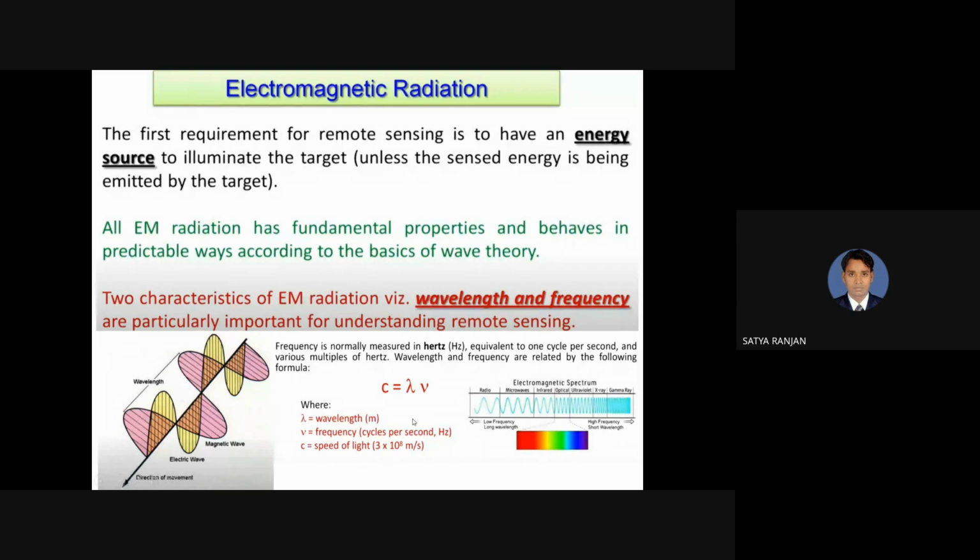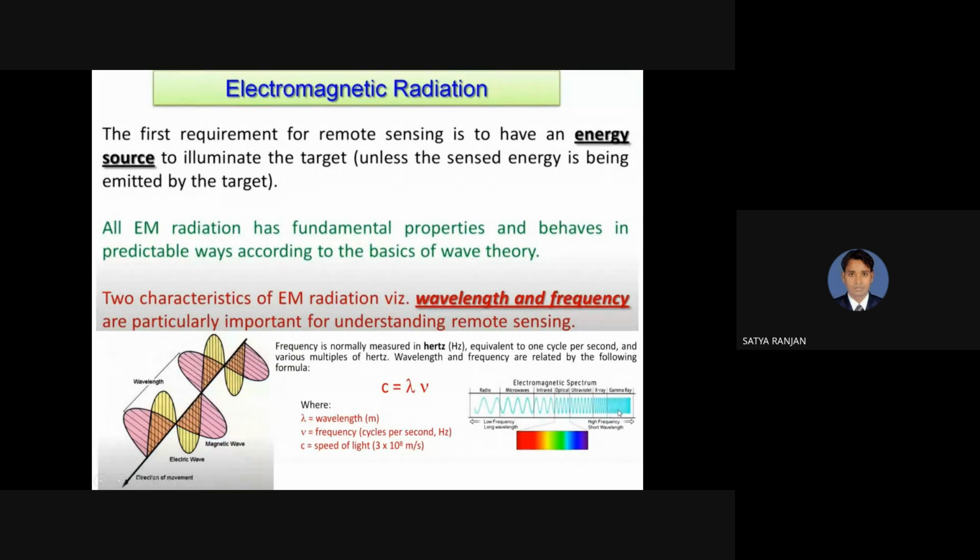The speed of light is the multiplication of the wavelength and frequency. That's why the higher the wavelength, the lower the frequency, and the higher the frequency, the lower the wavelength. So wavelength is inversely proportional to frequency.